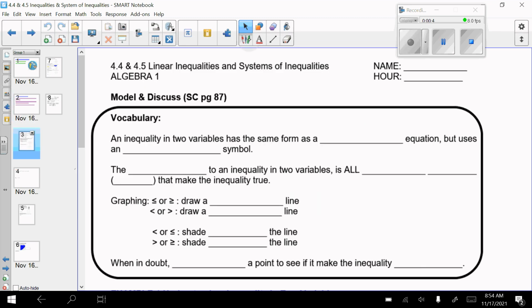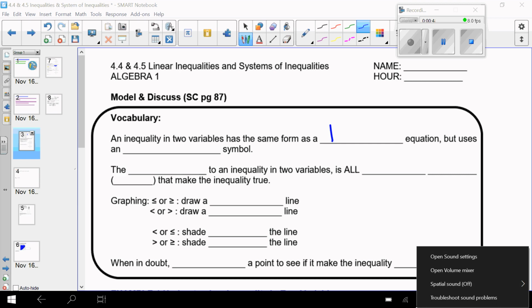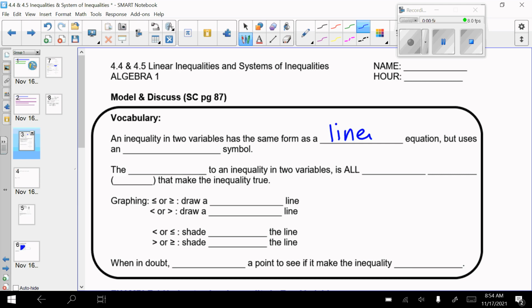So look at this first one. An inequality in two variables has the same form as a linear equation, but uses an inequality symbol. So the only difference is you'll see an inequality symbol.